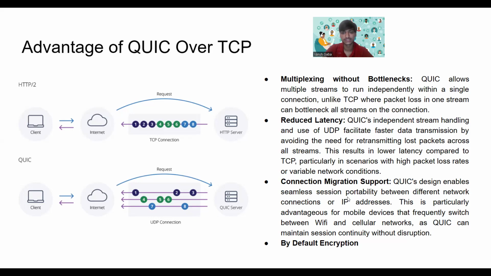Next one is connection migration support. So connection migration support is like we are connected to any website, web app, or anything. If we change our network, like initially we are connected to the Wi-Fi, and then I go outside of my home and switch to the mobile network, in that case it doesn't reload the page because the connection is not dependent on the IP address.